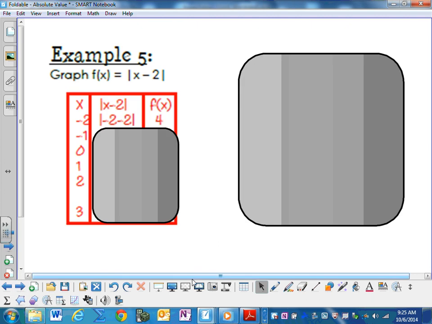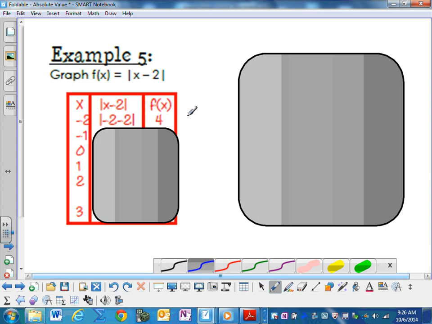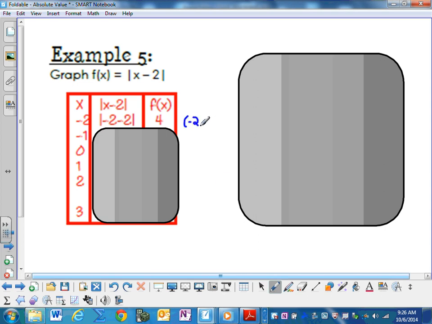So go ahead and try example number 5. We're going to graph f of x is equal to the absolute value of x minus 2. So when I substitute negative 2 in for x, I get the absolute value of negative 2 minus 2, which is the absolute value of negative 4, which leaves me with a 4. So a point on this graph is going to be negative 2, 4.